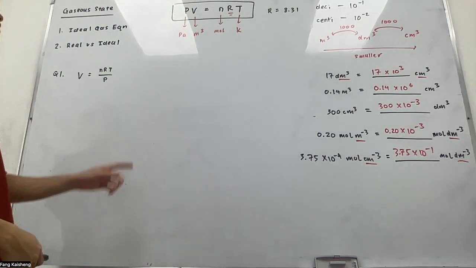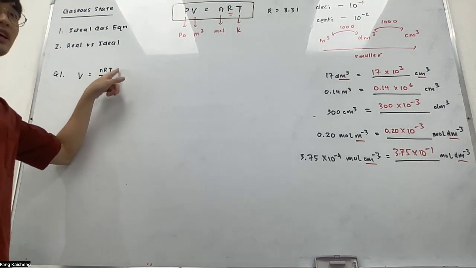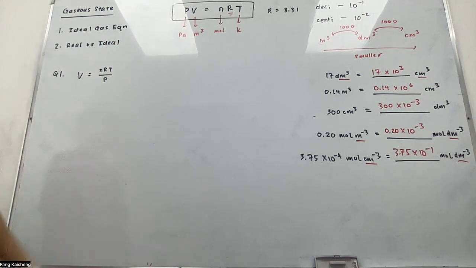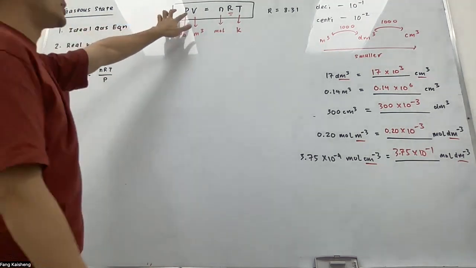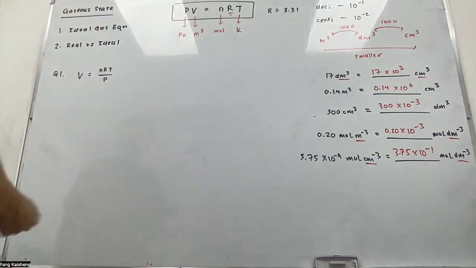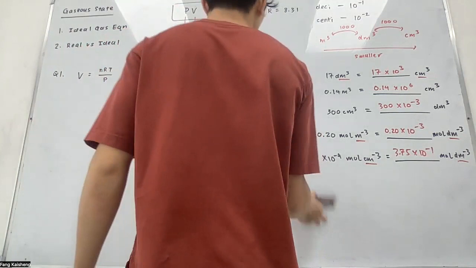So for example, here, I just put in the subject of the equation first, and then later I just sub in and type it in the calculator. So I manipulate the subject, instead of putting the values into PV equals nRT straight up, where you still need to divide on your calculator. So that's one method that I use. But other than that, there's nothing here for us to discuss.